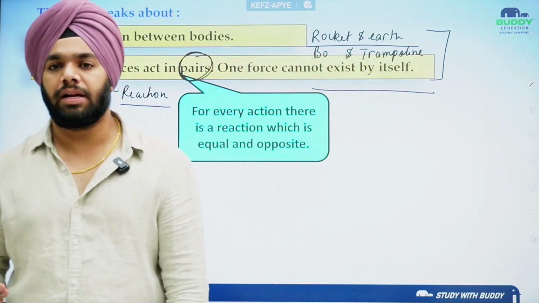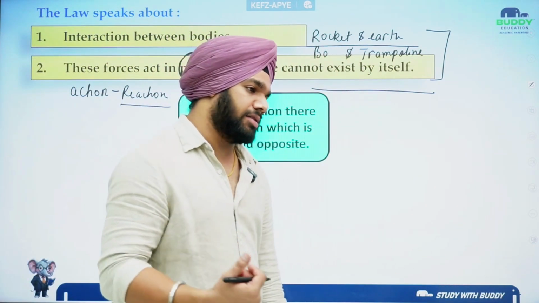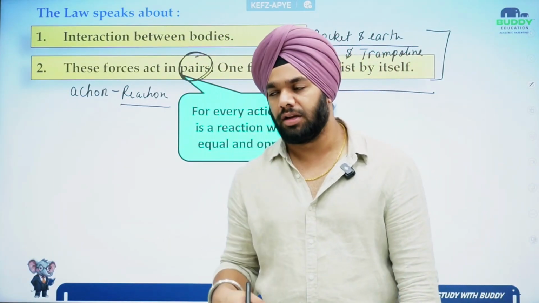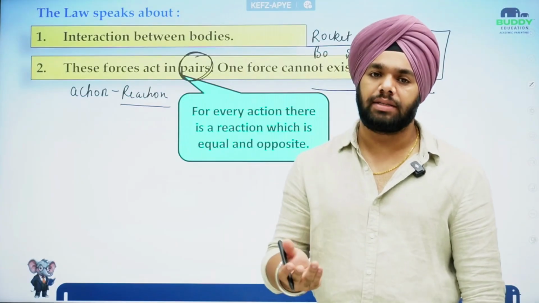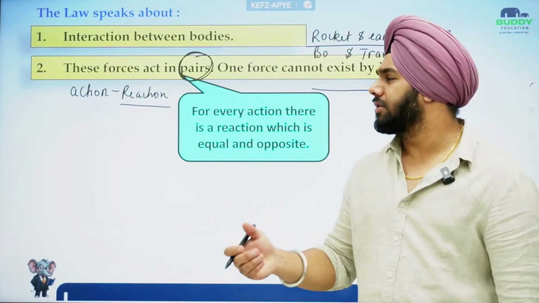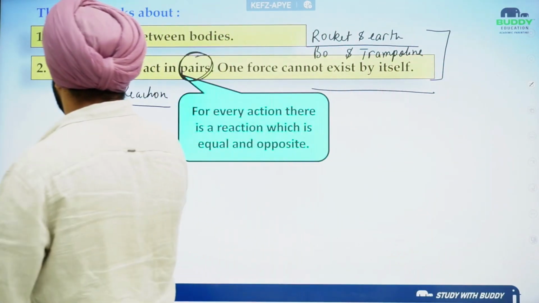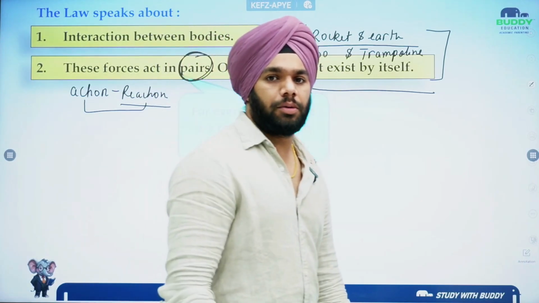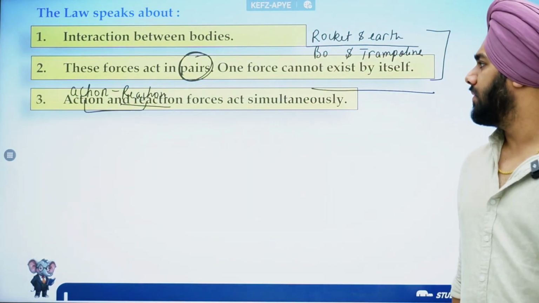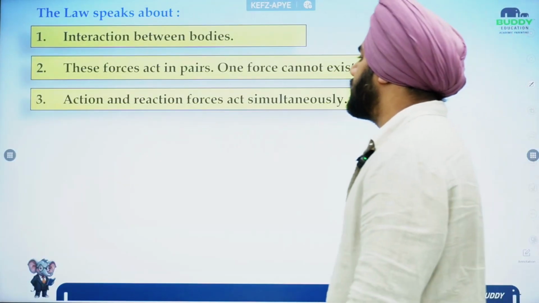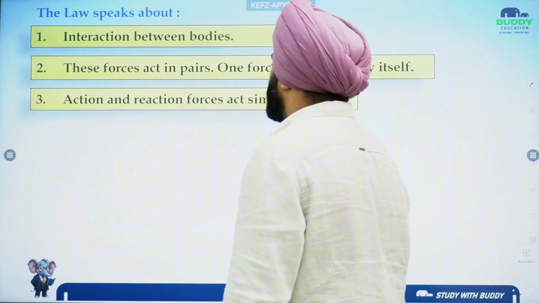It cannot happen that there is only action and no reaction, or that there is only reaction and no action. It works both ways, right? For every action, there needs to be a reaction. So they always exist in pairs. Got my point? So action and reaction forces act simultaneously.